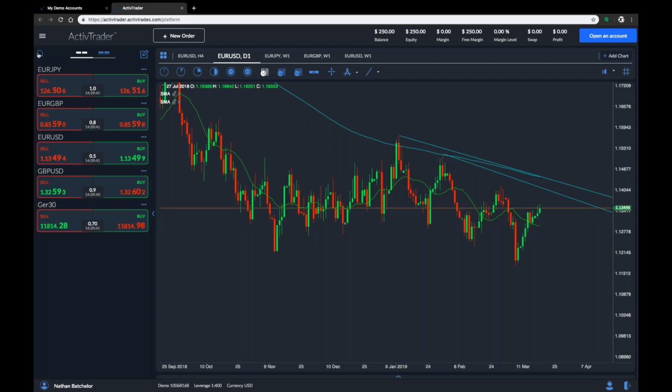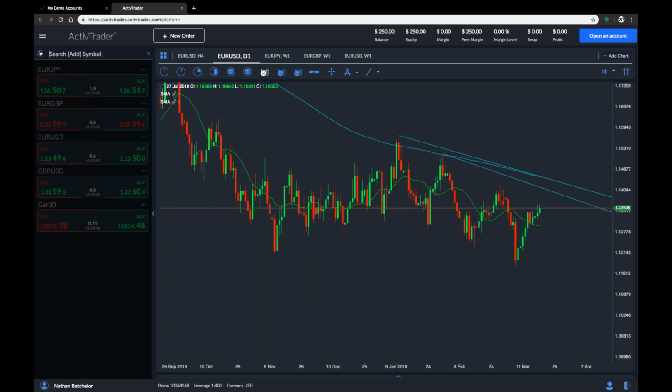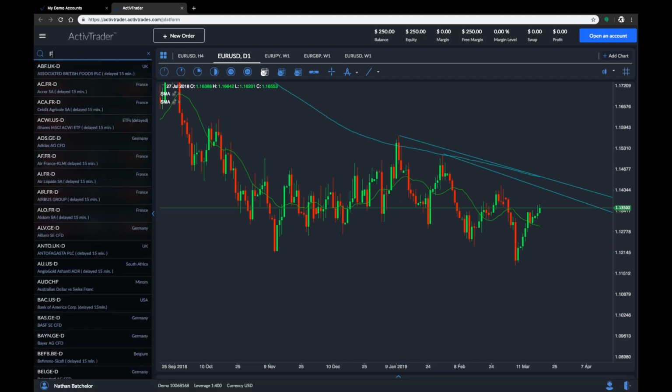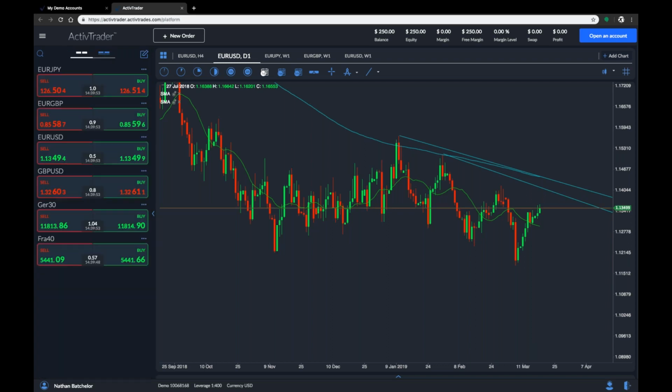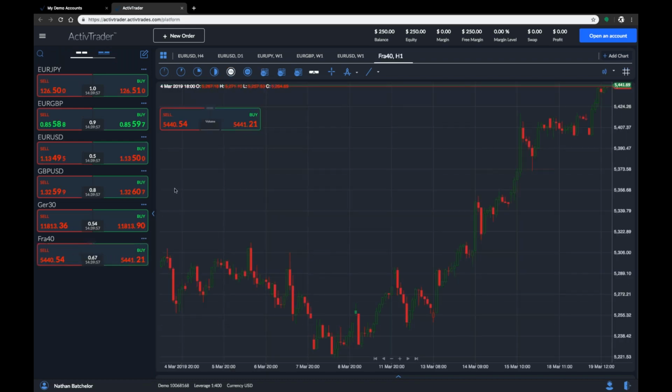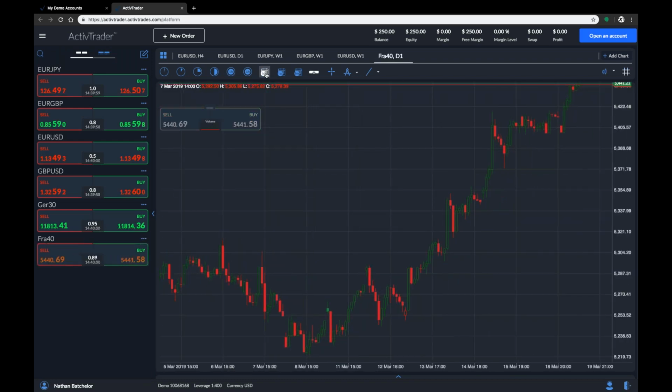If you wanted to keep an eye on the French, you'd look for the FRA 40, and you can see that's the CAC 40 cash index, and I'll just pop a chart up so you can see it like that.